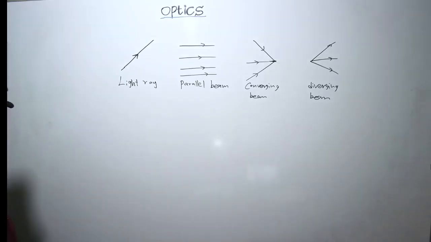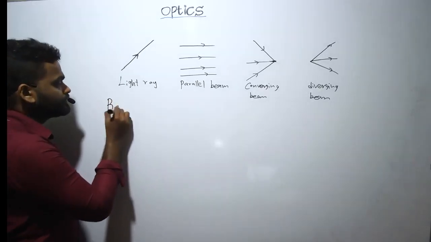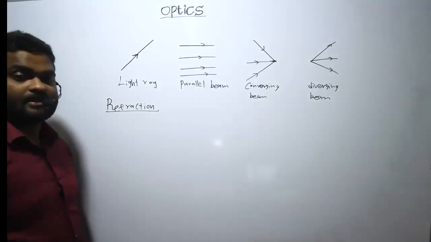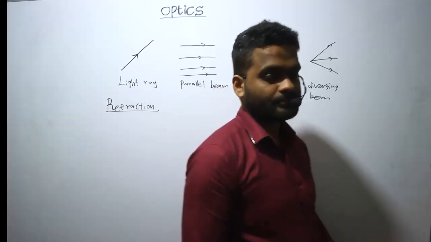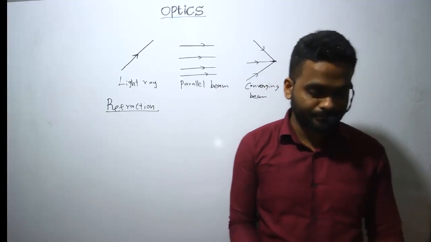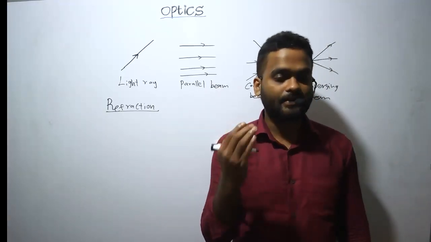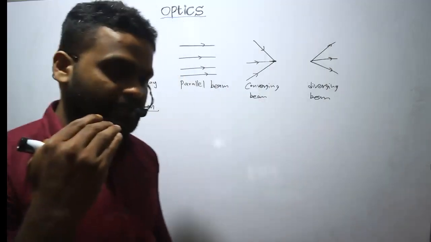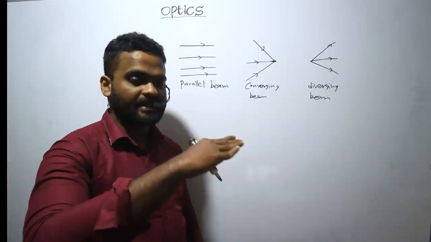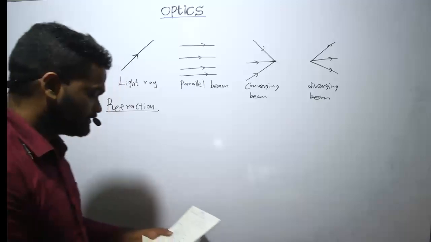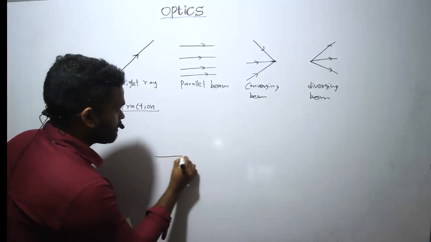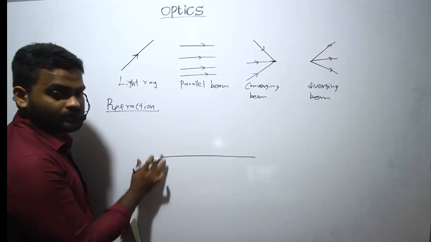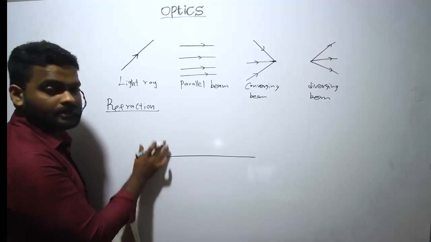Then write the subtopic: refraction. So what is refraction? When you take an interface that separates two mediums, let's say like this. This could be air, this could be water, or this could be glass, anything.